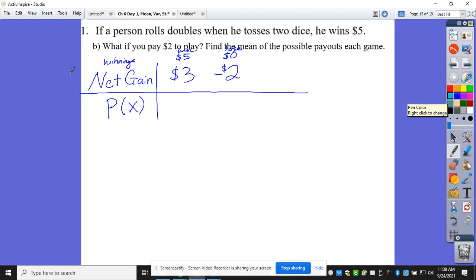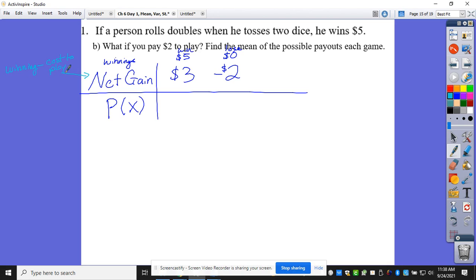So for those of you who like definition things, how do I find net gains? You're winning what? Minus your loss. Minus your losses, or how much it costs to play.